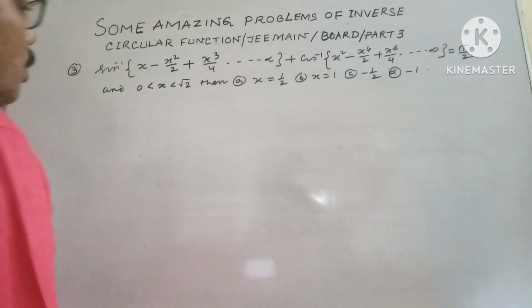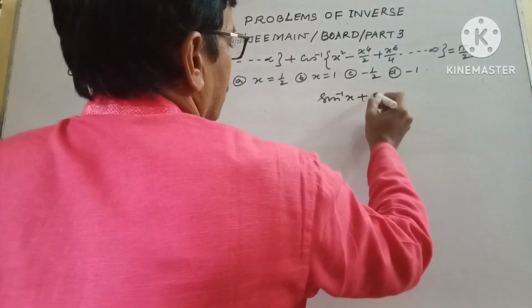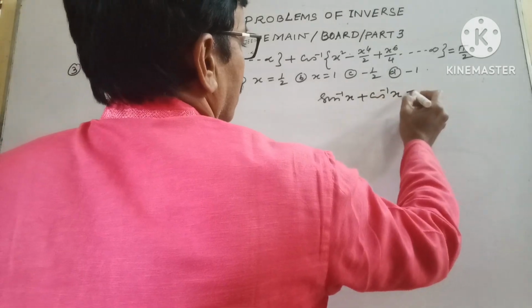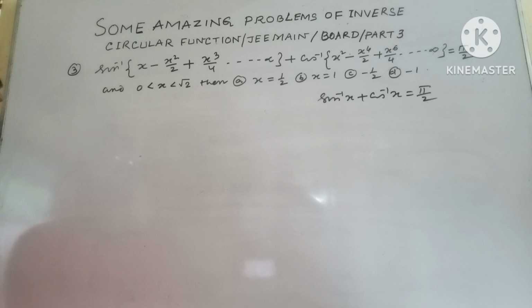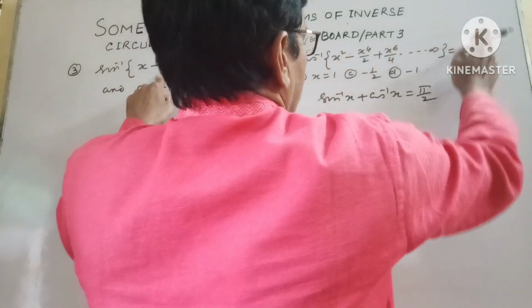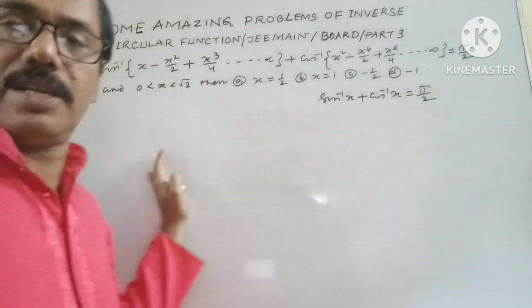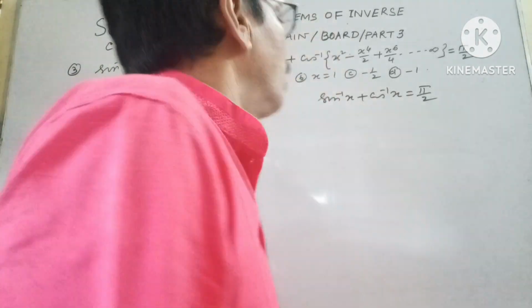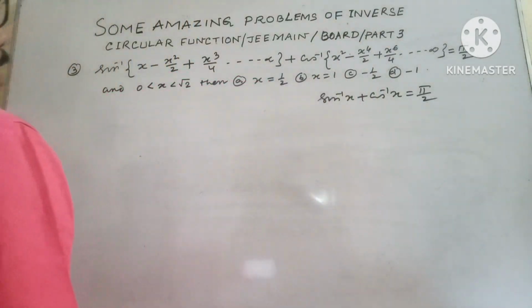So look, we know that sin inverse x plus cos inverse x equals pi by 2. So this relation will be true when this argument and this argument are the same.